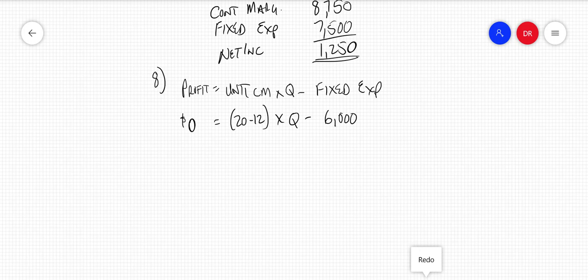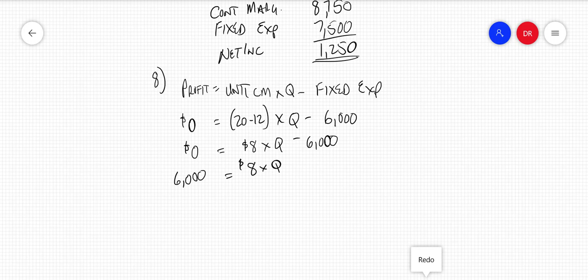So now again, $0 is equal to $8 times Q minus 6,000. So we add this 6,000 to both sides. We get 6,000 is equal to 8Q.